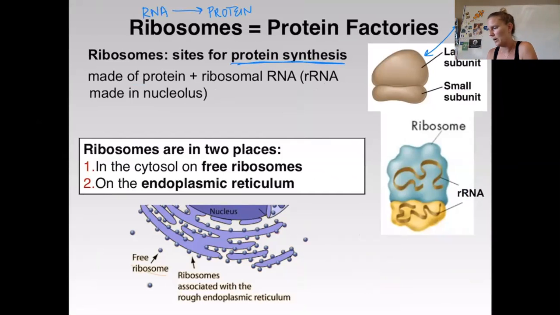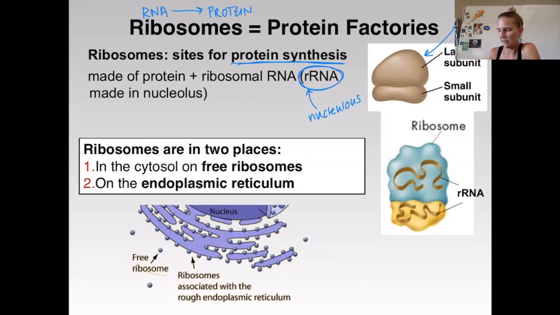And these are made of both protein and ribosomal RNA, right? And remember that ribosomal RNA, this rRNA, is made in the nucleolus, which is kind of just a region of the eukaryotic nucleus, all right?